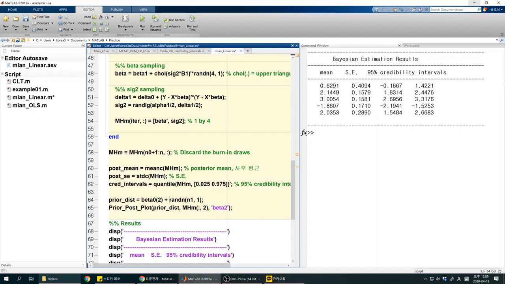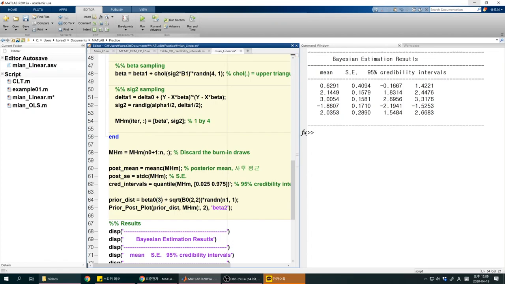So I would say sqrt B0(2,2) times, and I think I need one more parenthesis here. Why is this 2? Because this is the second value of beta 0, and this is (2,2), the second value of the diagonal elements of B0. Why? Because the second value is the prior mean of beta 2.